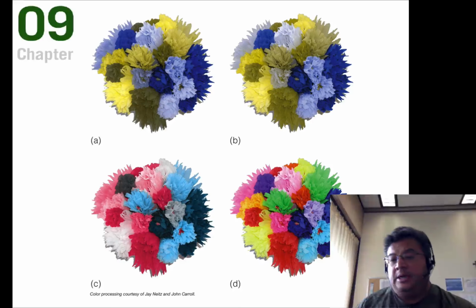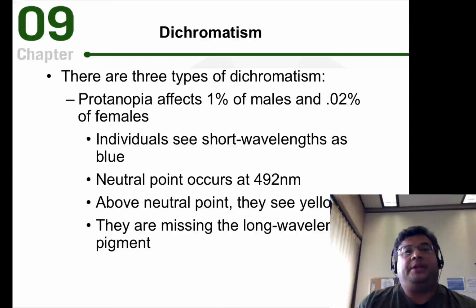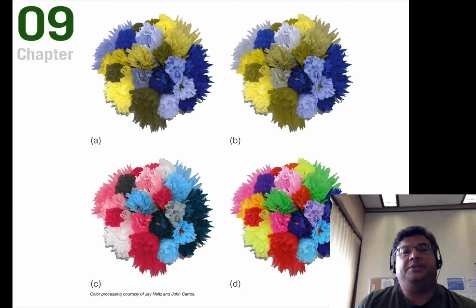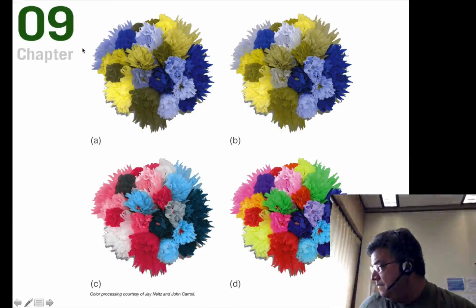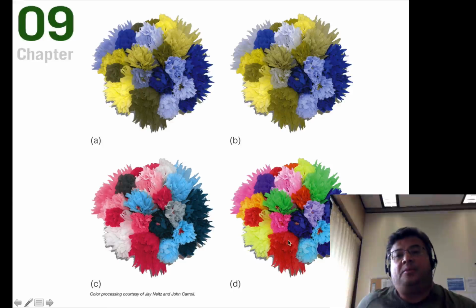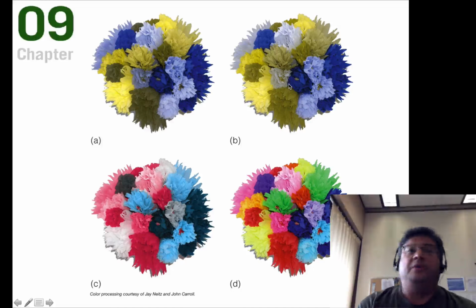Those, again, if we go back to protanopes right here, are the folks that see short wavelengths as blue, and their neutral point is at 492, right? D is the normal one, right? And this is what it looks like to protanopes. This is what it looks like to the deuteranopes that we talked about.